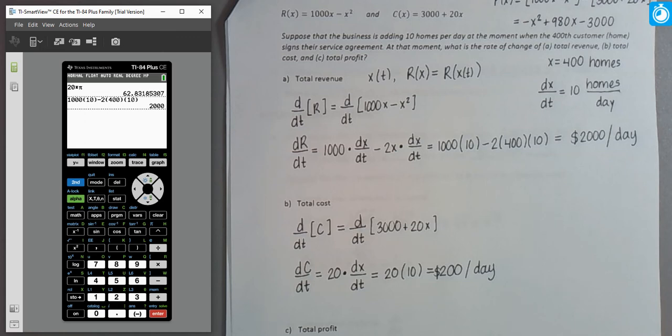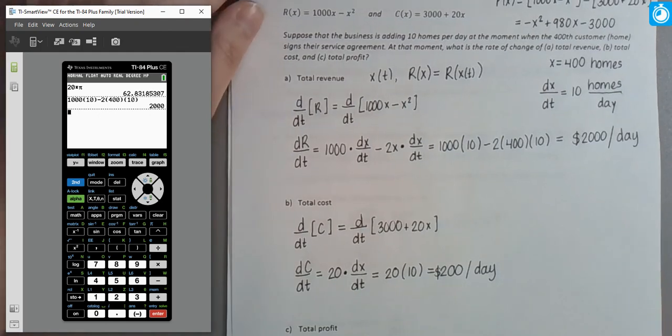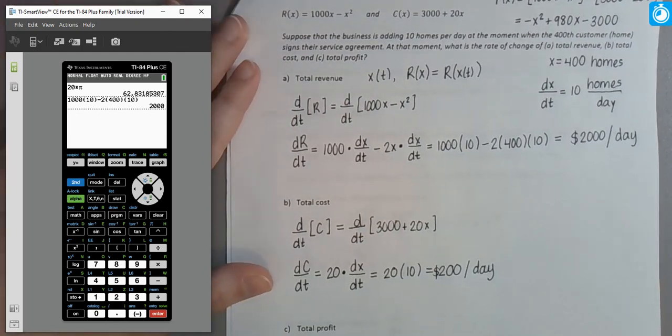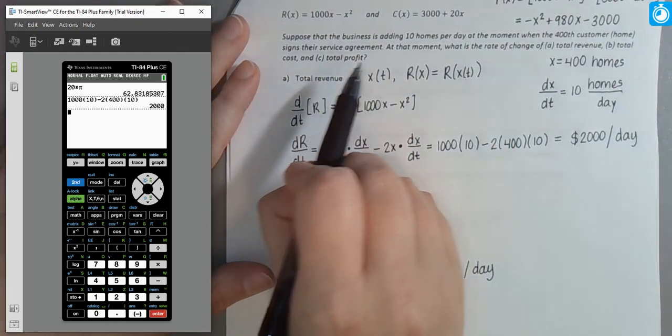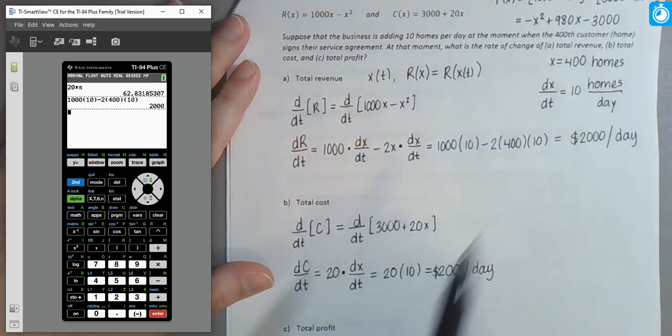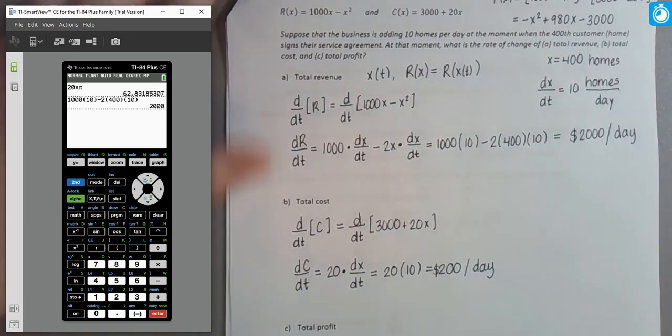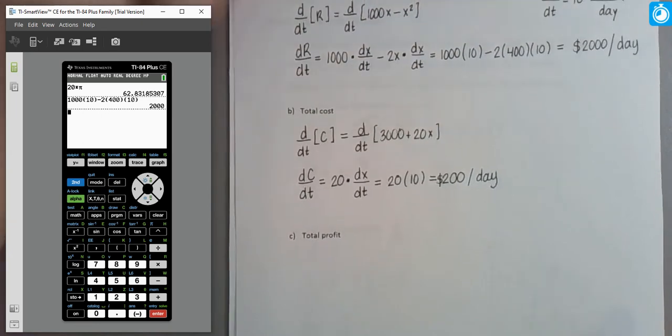So you can probably guess, just based on how these two compare, what we expect with profit. But let's verify using the derivative how profit is changing as well. So we also want to know what's the rate of change of our total profit under these conditions when we have 400 customers and we're adding 10 customers per day.